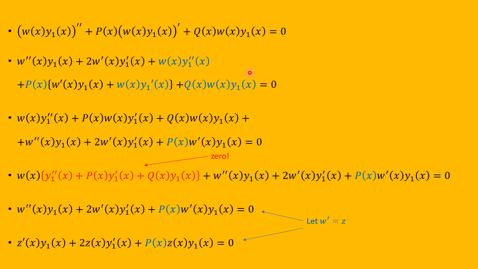Now, what's interesting is to look at what we have in blue here. W of x times y1 double prime of x, I wrote it right here, plus p of x times this stuff, wrote that stuff right here, plus q of x times this stuff, I wrote that right here.